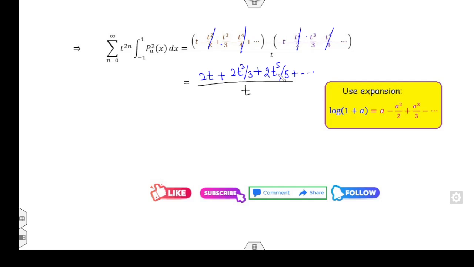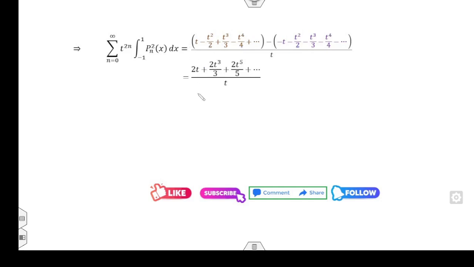Clear? I can take 2 as common, and separate them. That will be 1 plus t square over 3 plus t to the power 4 divided by 5 and so on.